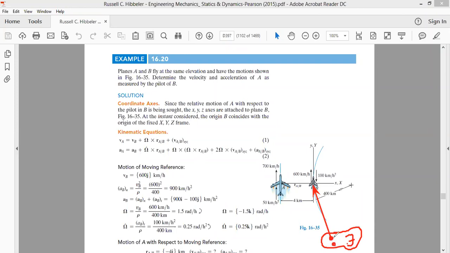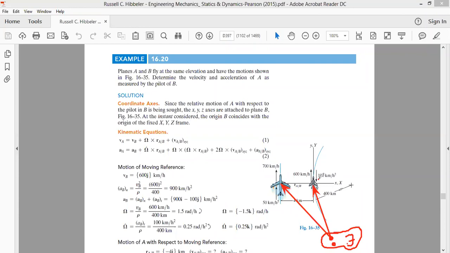The person on the ground will say that aircraft B is moving, okay? It will also say that I'm observing that aircraft A is also moving. So this is with respect to the ground. The observer on the ground is observing that aircraft B is moving, aircraft A is moving. So this is our one frame of reference.